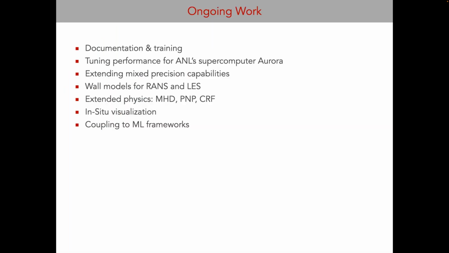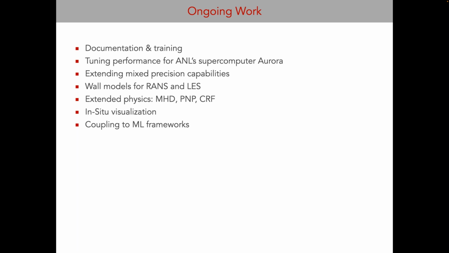Just to give you an idea about some ongoing work, we're working on documentation and training for nekRS. This is kind of our weakest part, and we realize this is really essential now to help the community make the switch. So we're working on that.